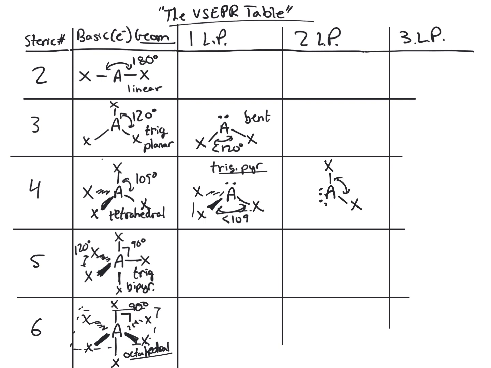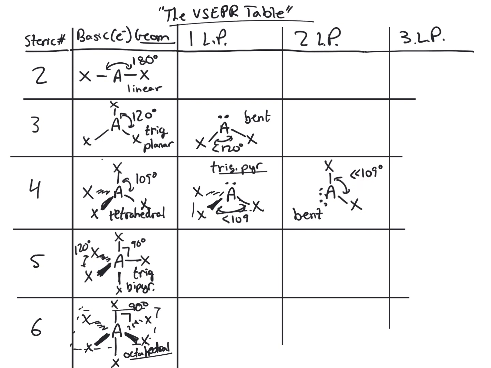And that's, again, going to be sort of a less than or maybe a good bit less than 109 degrees because we've got 2 lone pairs pushing these 2 atoms closer together. And this is bent as well, though bent with a different bond angle than if we had a steric number of 3. This bent has a slightly lower bond angle.